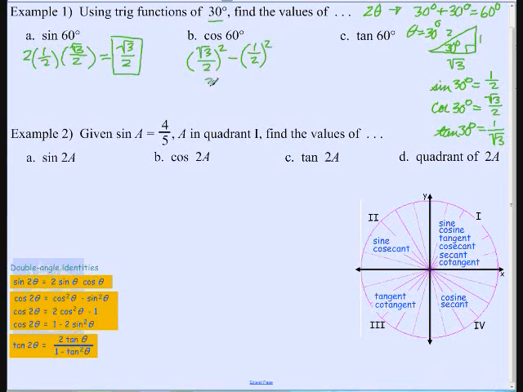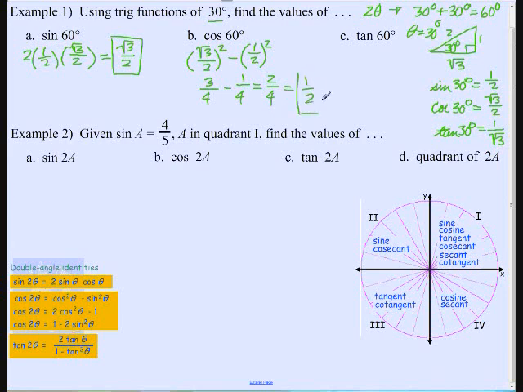So I get 3 over 4 minus 1 over 4 equals 2 over 4 equals 1/2.